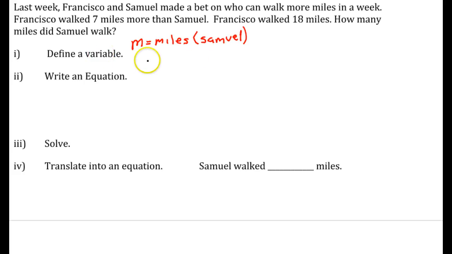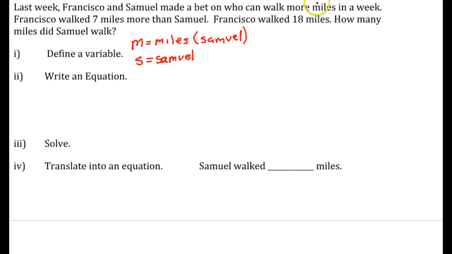You could, on the other hand, just say S equals Samuel. That way we'd know that we're talking about him. Either way. But it's very important because they're both walking a number of miles. When we're solving this, keep track of who you just found out the mileage for.